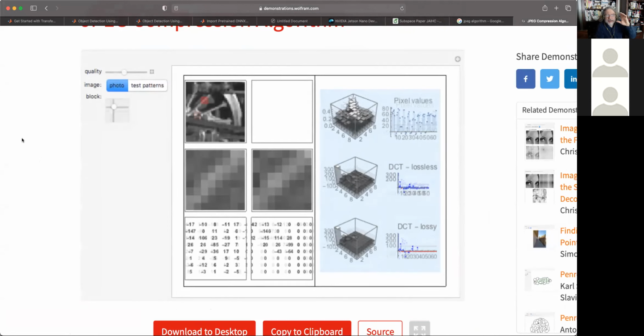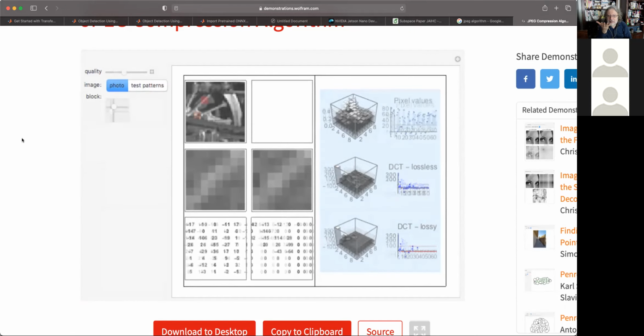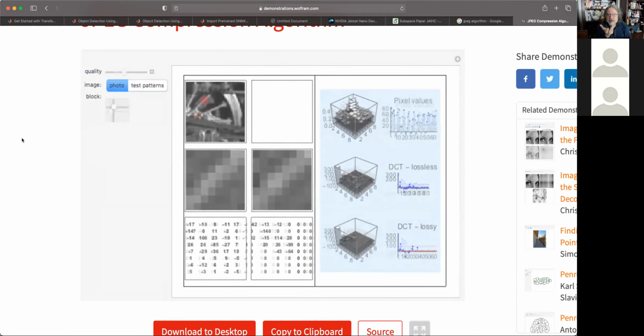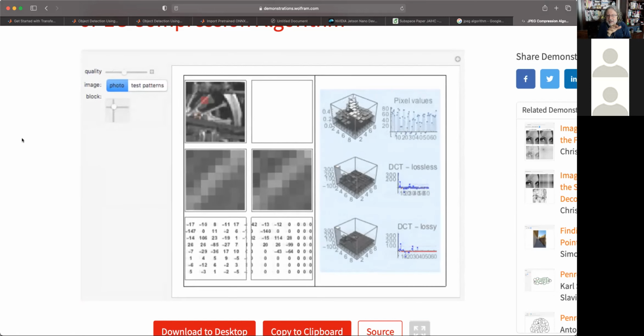It is, as you see from the image, cropping different 8x8 block positions, showing them separately. And when you take a look at the right-hand side of it, it shows first the pixel values of the corresponding 8x8 block. And below it, there is a DCT of it, discrete cosine transform of it.